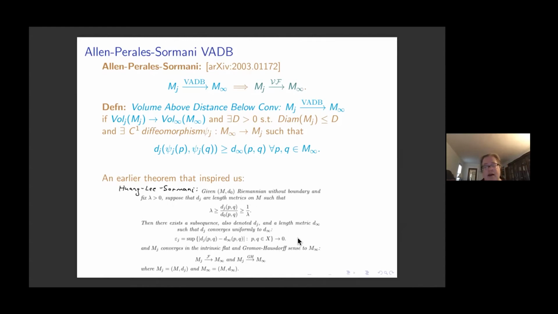So this is a theorem that inspired us, but we wanted to remove the fact that we had so much control on the distances, because this was so strong that we got Gromov-Hausdorff convergence as well and didn't allow for wells. So what we would like to do is loosen this up and only have the volume from above and the distance below. We do require the C1 diffeomorphism exists.